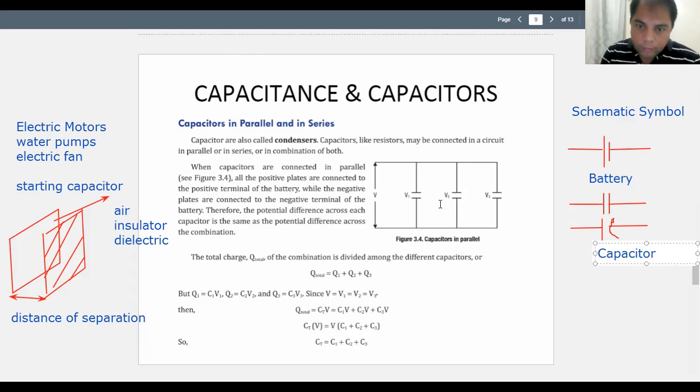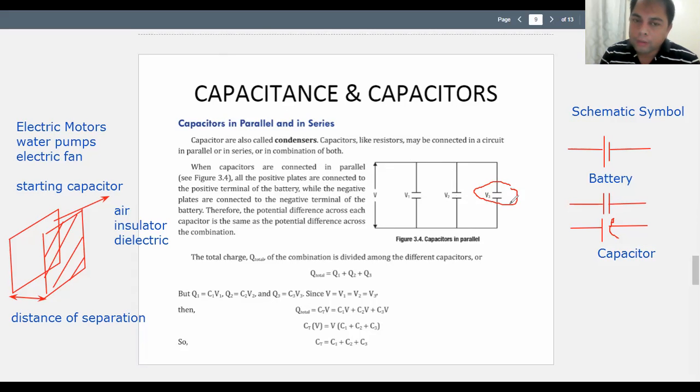So there are two ways of drawing the schematic symbol for our capacitor. Now here, we see a combination of parallel connected capacitors. We say that these are connected in parallel because if I decide to detach one of these capacitors, and I have three actually from the drawing, the entire circuit is not affected by the removal of one capacitor.